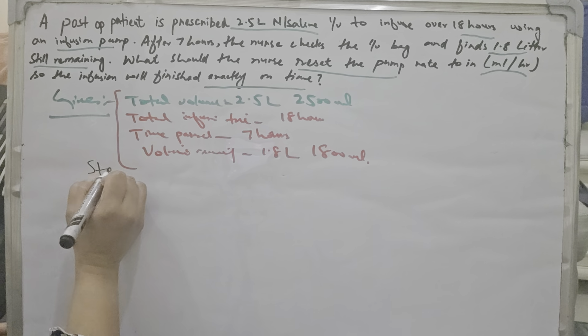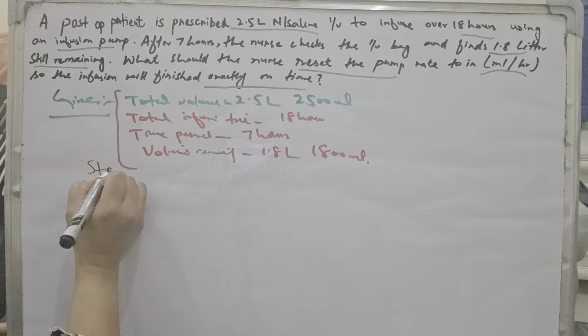The formula is volume infused equals total volume minus volume remaining. The total volume is 2500 ml, because the total 2500 ml should be infused over 18 hours. And the remaining is 1.8 liters, 1800 ml. So the result is 700 ml, meaning 700 ml has already infused in 7 hours.